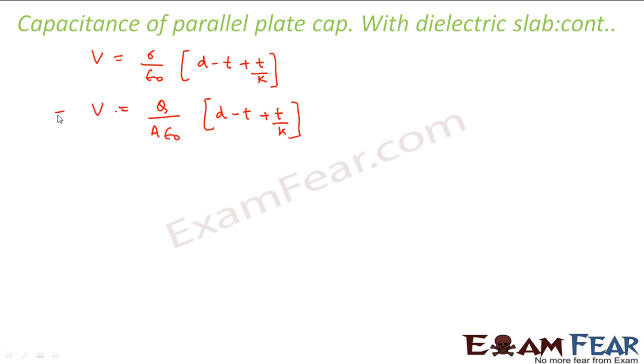Once we have calculated the potential difference between the plates, let us now find the capacitance, which is equal to Q divided by V. So Q divided by Q by A epsilon naught into D minus T plus T by K. The Q and Q get cancelled.